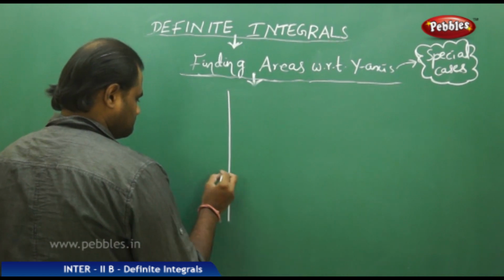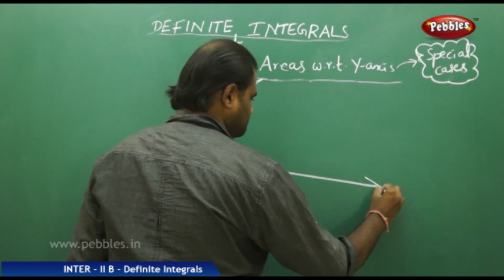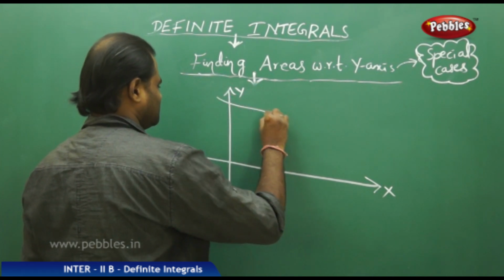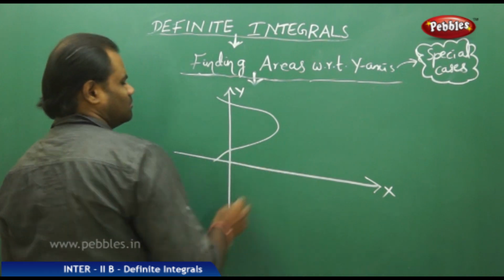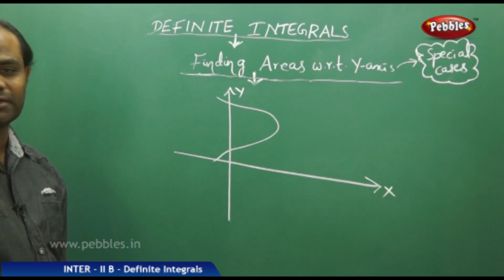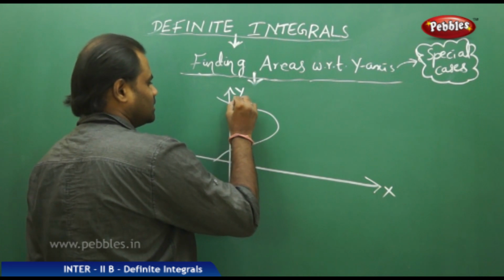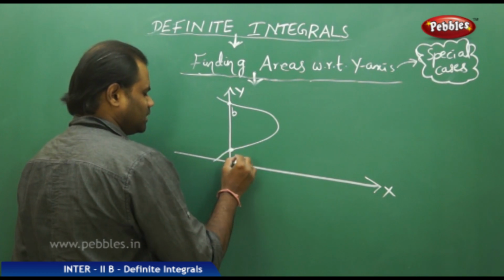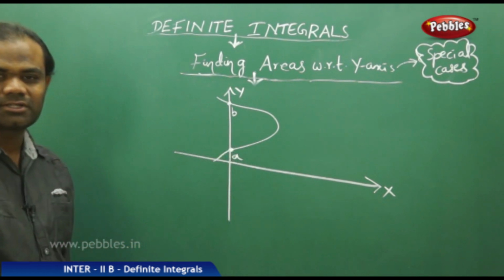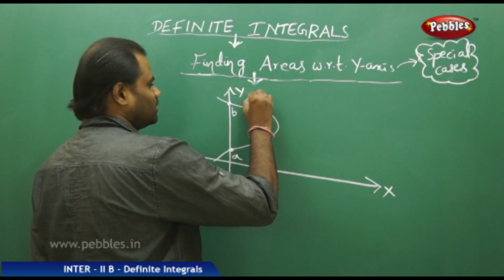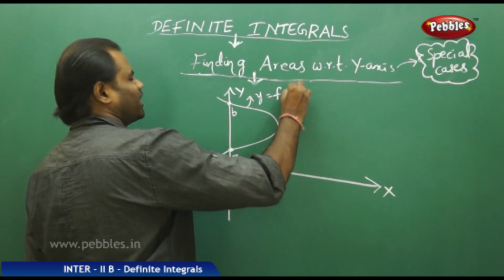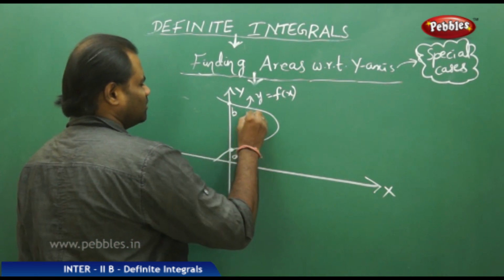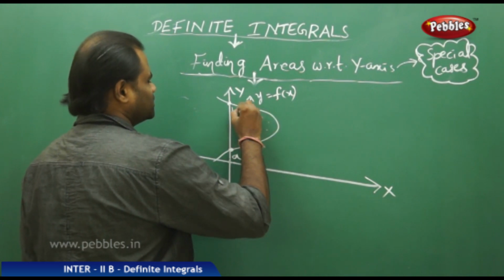Now next we have the case where the curve has y-intercepts, that is, the curve cuts at the y-intercepts b and a. So in this case of the curve, which is y equals f of x or x equals f inverse y, let's see what is the area of this shaded region.